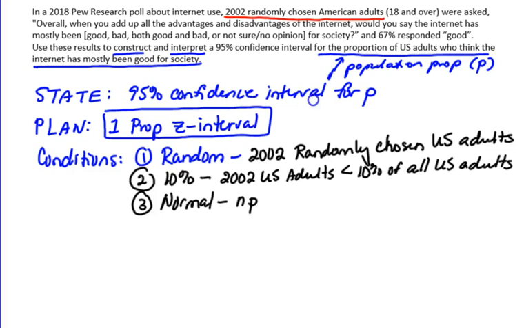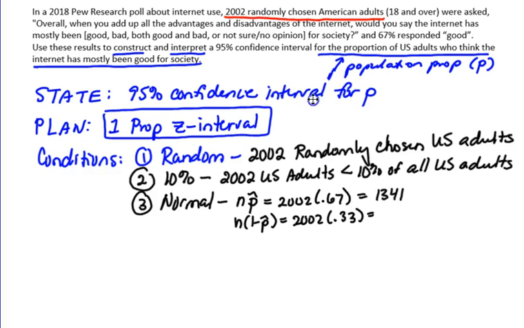So I'm going to say N P hat, which is 2002 times 0.67, and N times 1 minus P hat, which is 2002 times 1 minus 0.67 or 0.33, are those both greater than or equal to 10? Well, clearly we can see that they are, but you still need to calculate the number. This is 1,341, and this number is 661. These are both greater than or equal to 10. So the conditions are satisfied for the one proportion Z interval.